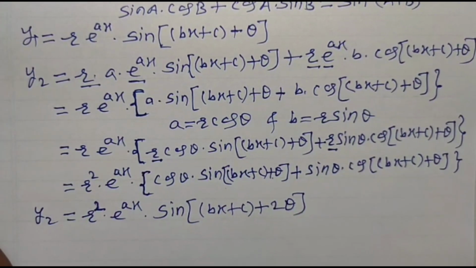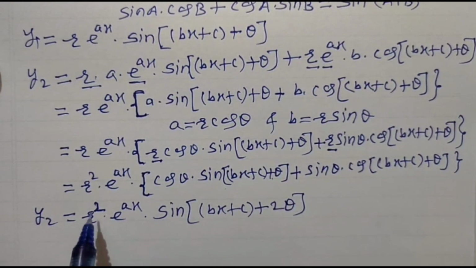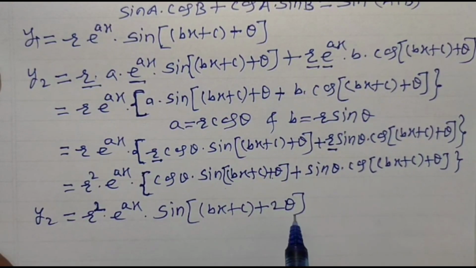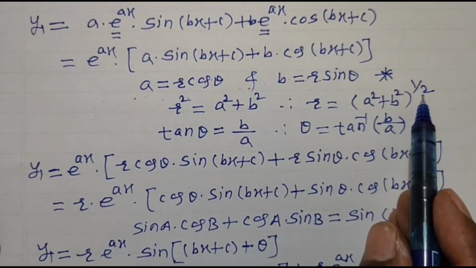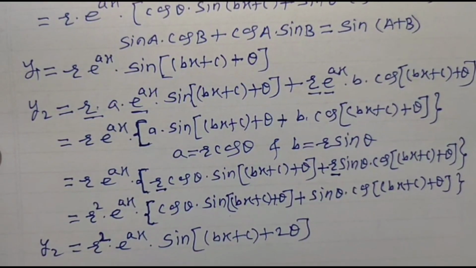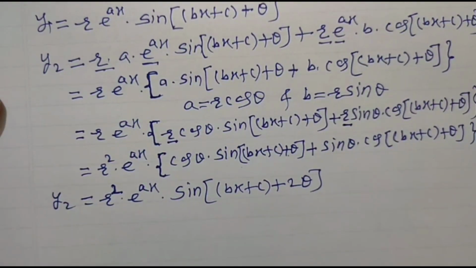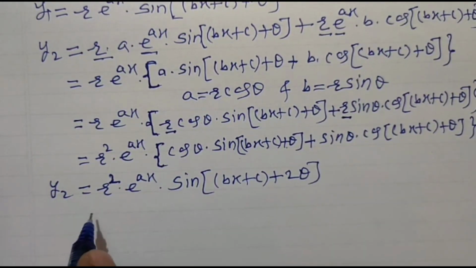Okay, now you can replace r by a square plus b square to the power half and theta by tan inverse b upon a, because we have obtained here r is equal to a square plus b square to the power half, and theta is equal to tan inverse b upon a. Now using this form we can find its general form, that is nth derivative of given function.